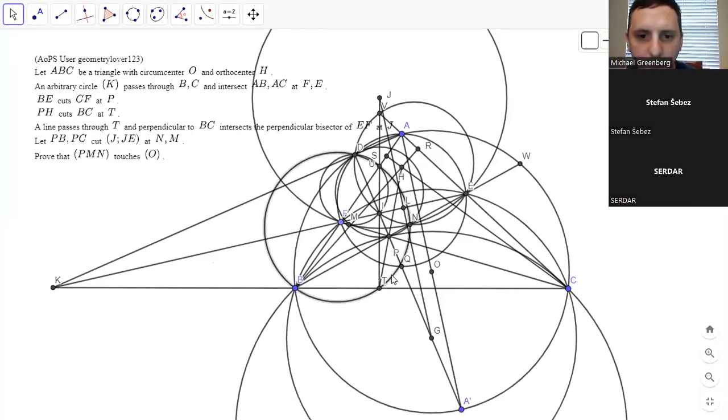Spiral similarity at B, taking UN to AW. Then we see DNU equals DWA, and it equals DBU. So the spiral similarity takes U to W, is what you're saying, right? UN to AW.